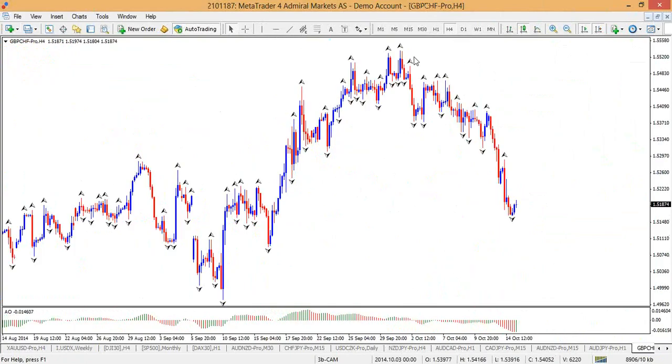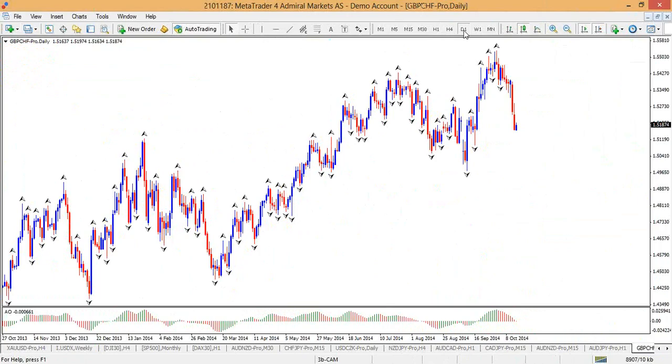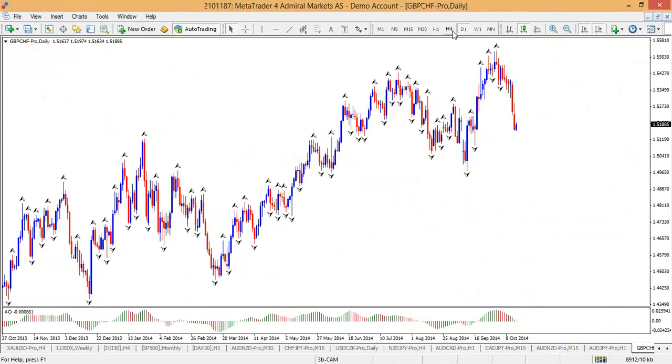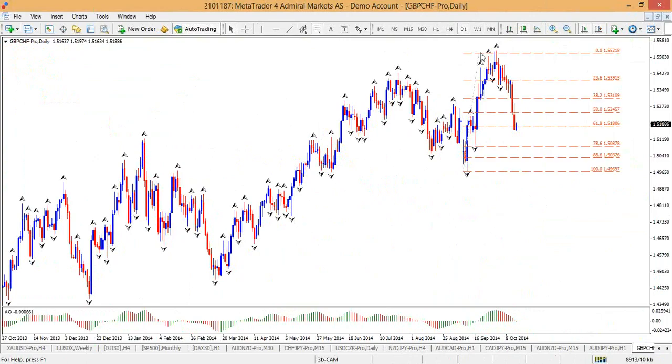Well, it looks like an uptrend on the daily, but certainly a strong retracement on the 4-hour. Let's put a fib on this upside, excuse me.